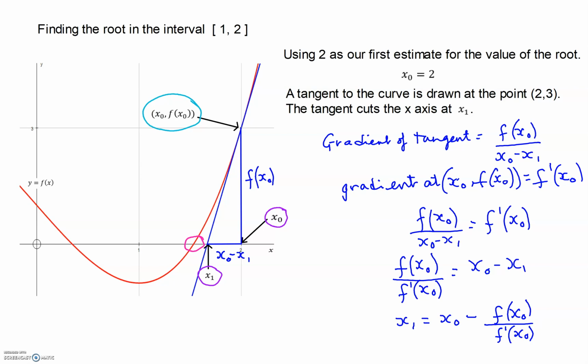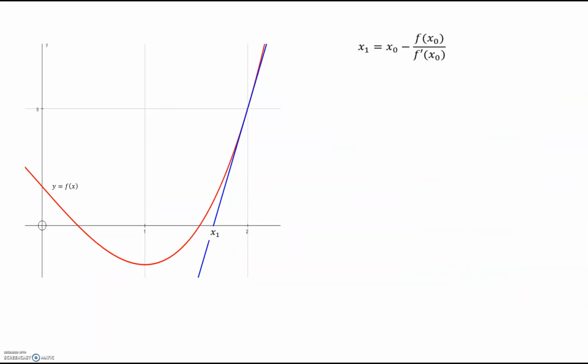So we've used the tangent to the curve at the point x0, f of x0, and we've generated a formula for how we can find the value of x1. So let's use this formula that we've just generated to find out the value of x1. We know that x0 is 2.